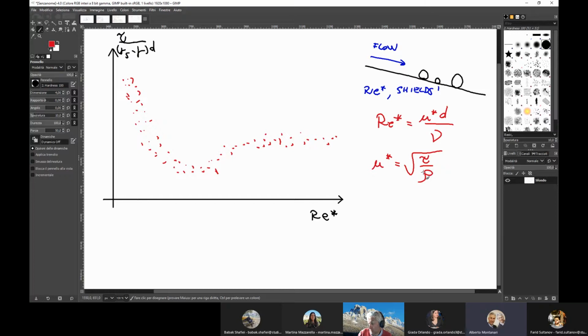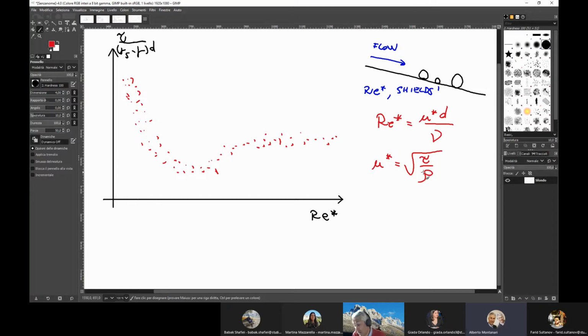Of course, you have to decrease U star. How can U star be decreased? By decreasing tau. How can we decrease tau? By decreasing the velocity. If you have a flow with reducing velocity, then of course less energy, which means less friction, less tau. So when the velocity is very low, the Reynolds number is very low, and there is viscosity dominating. Viscosity actually drags a lot.